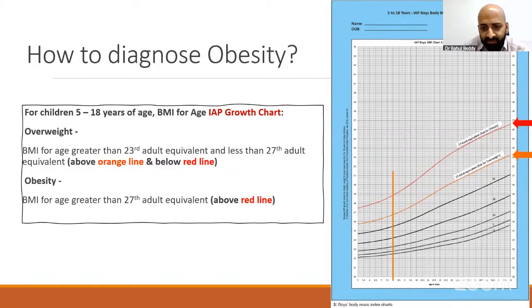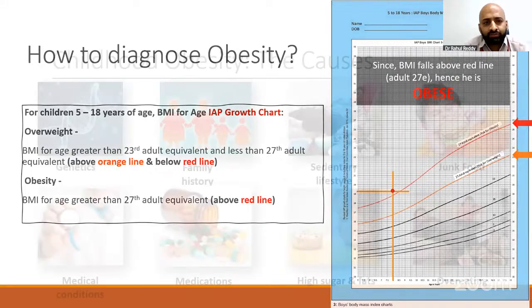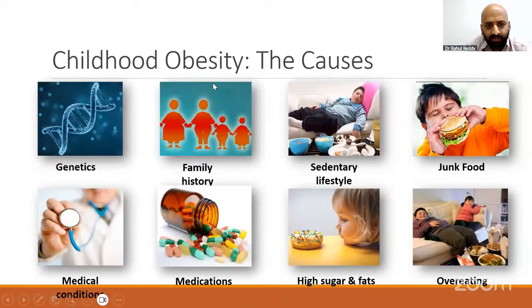So this is how we plot the age on the X axis, the horizontal line, and the BMI on the vertical or the Y-axis, and then join the line and see if the child is in the obese or overweight category. Now, the more common causes of child obesity are sometimes genetics, with a family history, genetic cause or monogenic cause of obesity, but most of the times it's sedentary lifestyle or junk food, and high sugar and fat containing diet, overeating.